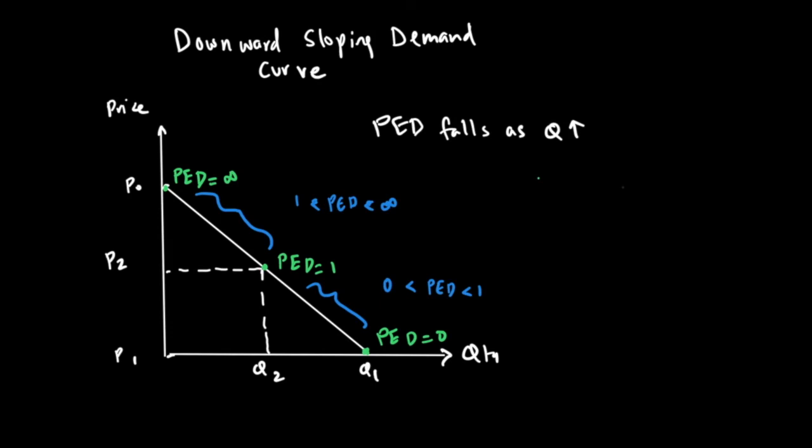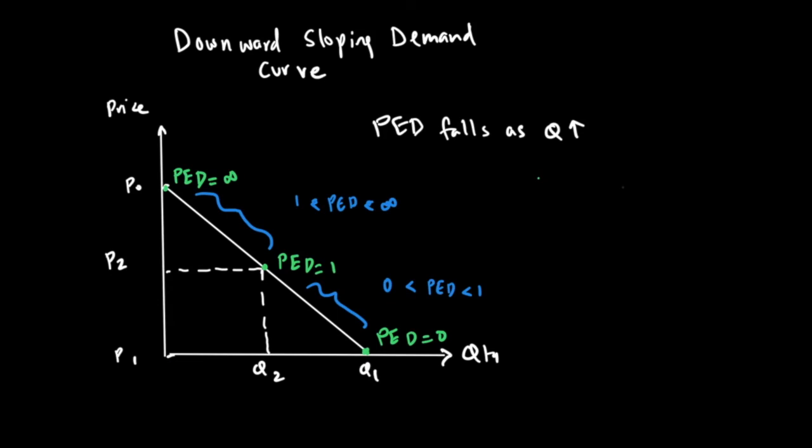And there are explanations for this. It is simply that when the price is very high for a good, consumers will be more responsive to a change in price, and that's why at a very high price, the responsiveness is high, but at a very low price, responsiveness is nothing or very low. So the lower the price, the lower the responsiveness.